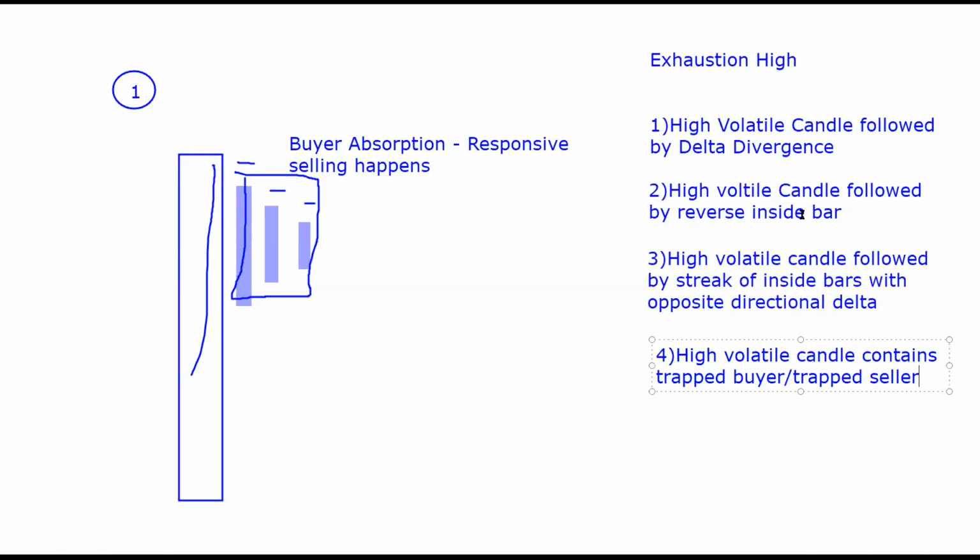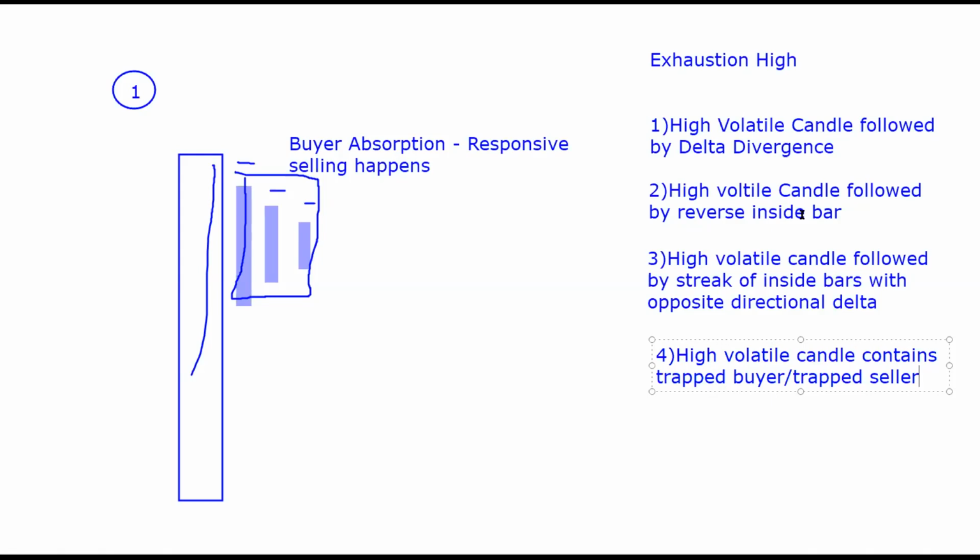People mostly back off after looking at a high volatile candle, especially one coming with high volume. But if you know the nuances of how to handle the exhaustion high, the four patterns we discussed here help you go short even with that big volatile candle. You'll be able to believe in those contexts and take a trade with very tight risk management in place.